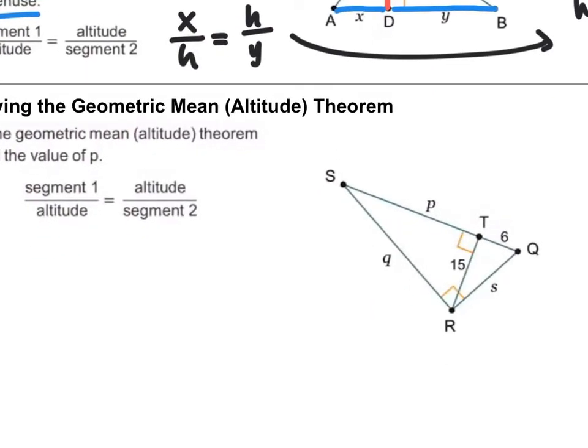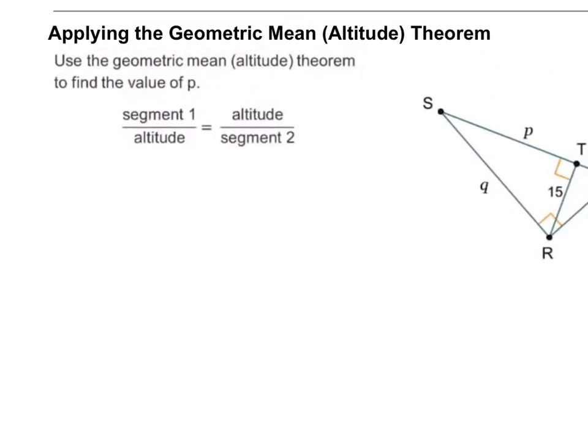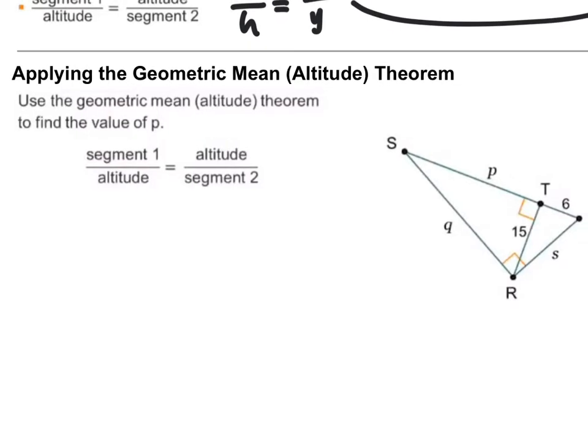So let's do a practice problem and find the value of p in this problem by using the geometric mean altitude theorem. What I have here is the hypotenuse of my big triangle.